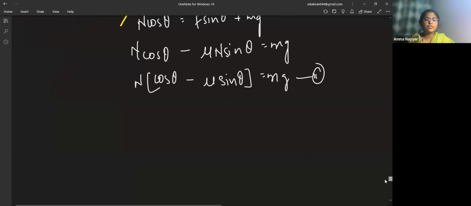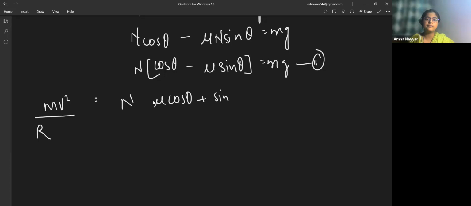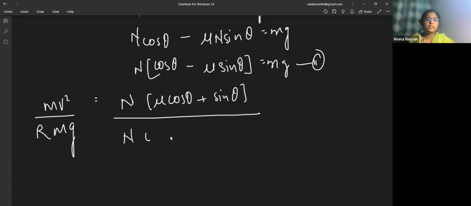So let's take the ratio of both of these. mv square by r is equal to n times mu cos theta plus sin theta, divided by mg, which is n times cos theta minus mu sin theta.